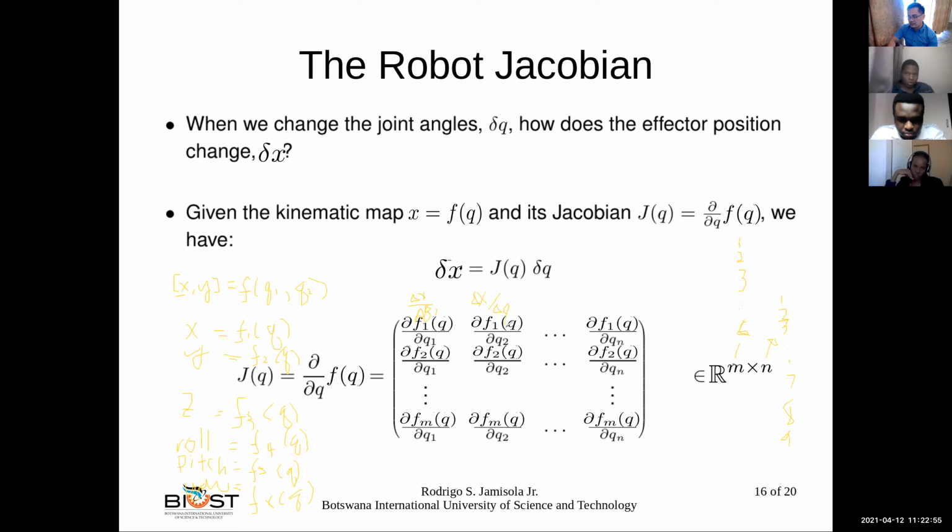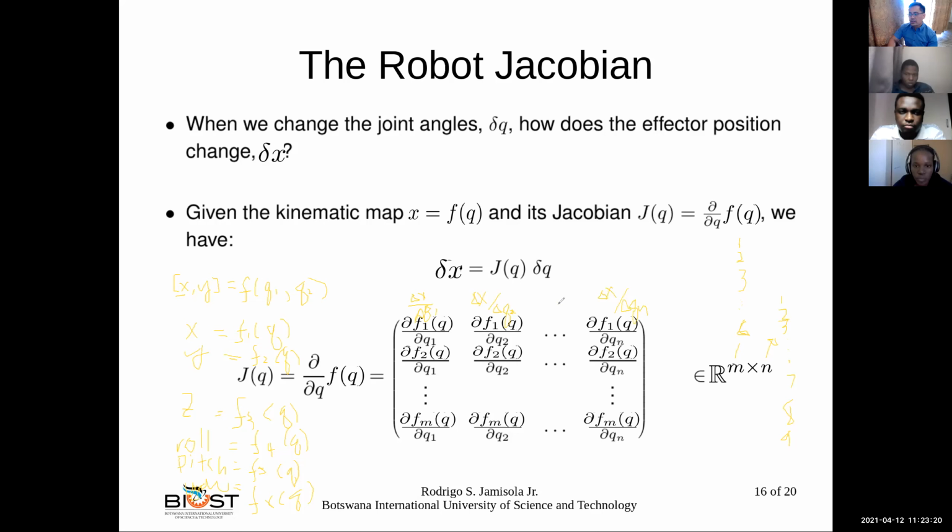Delta in Q1. Okay, in Q2. So each of these is with respect to Q1, with respect to Q2, with respect to Q3 until Qn. So the first component of the f of Q is delta of x divided by the delta, the rate of change of Q, in this case, Qn.